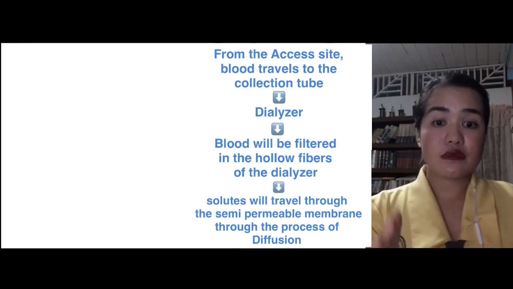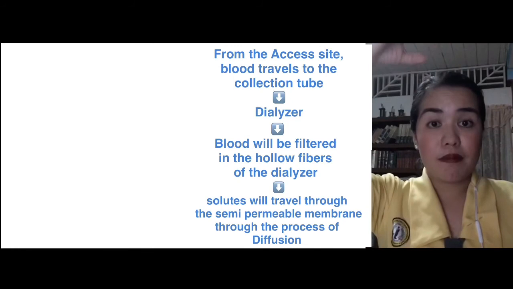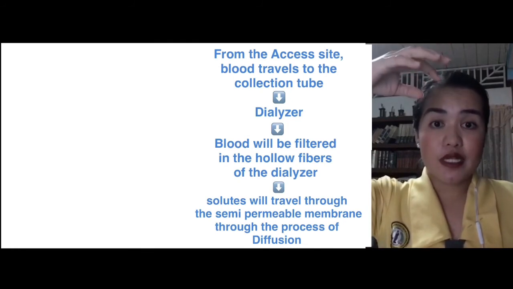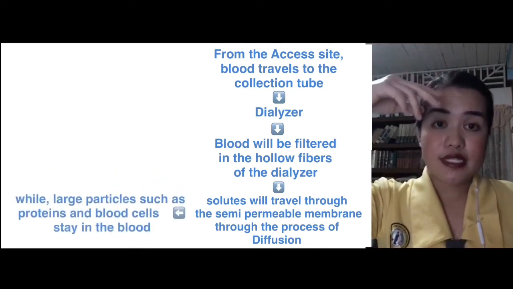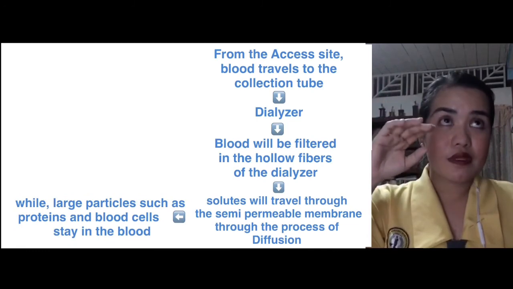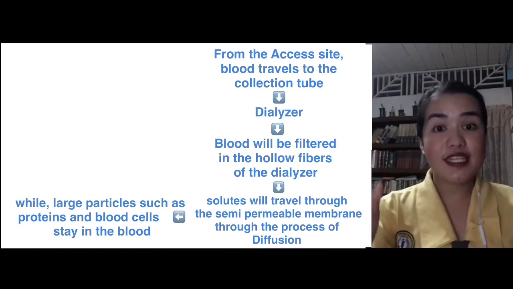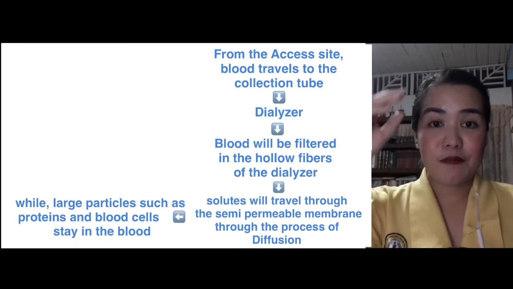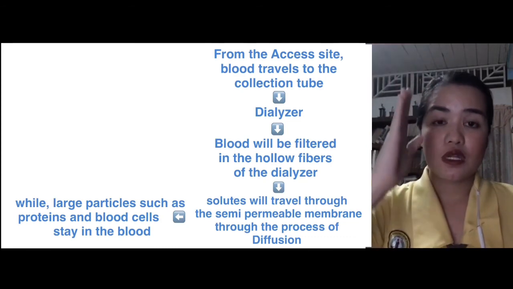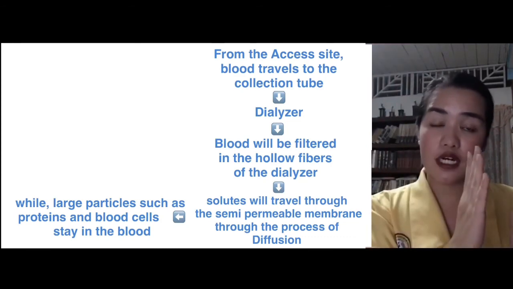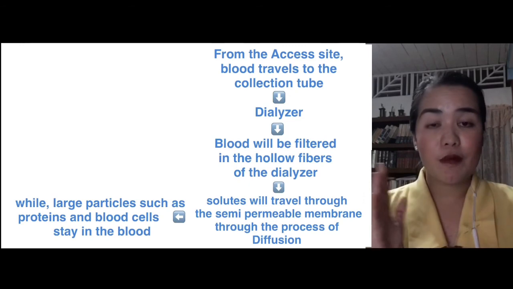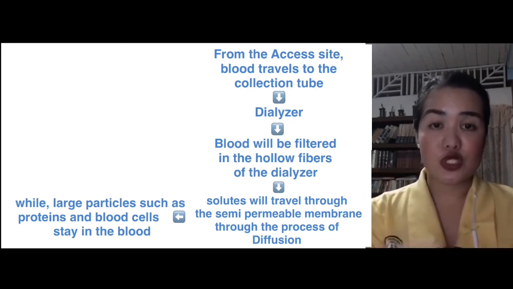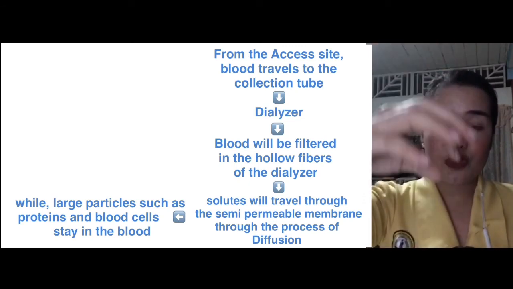Then the large particles, the blood cells and the proteins, will not pass through the semi-permeable membrane because they are large molecules. So it will just pass through the hollow membrane.